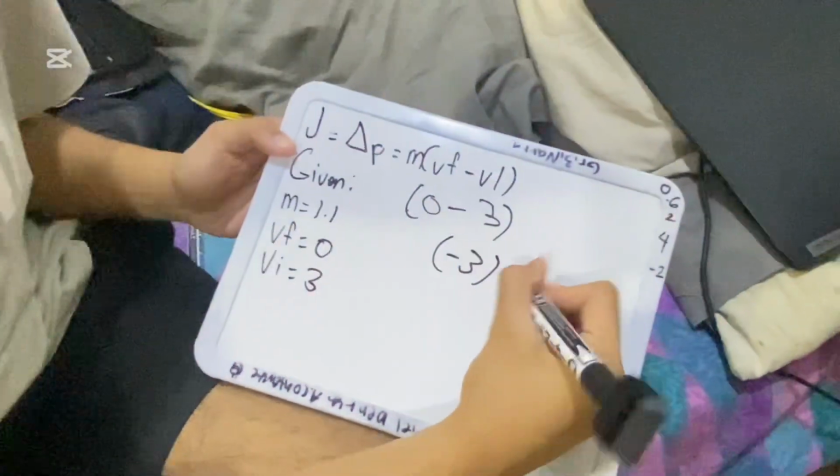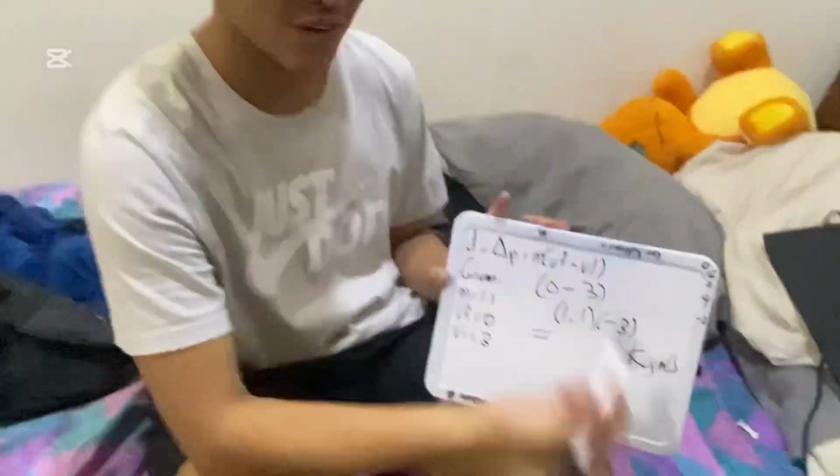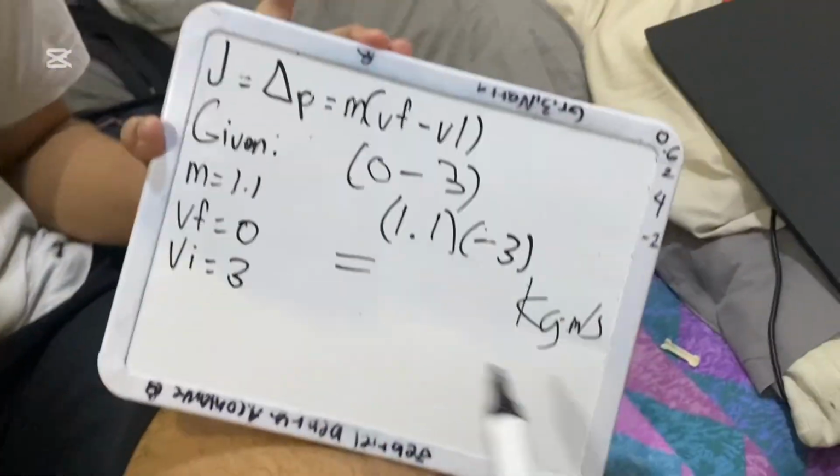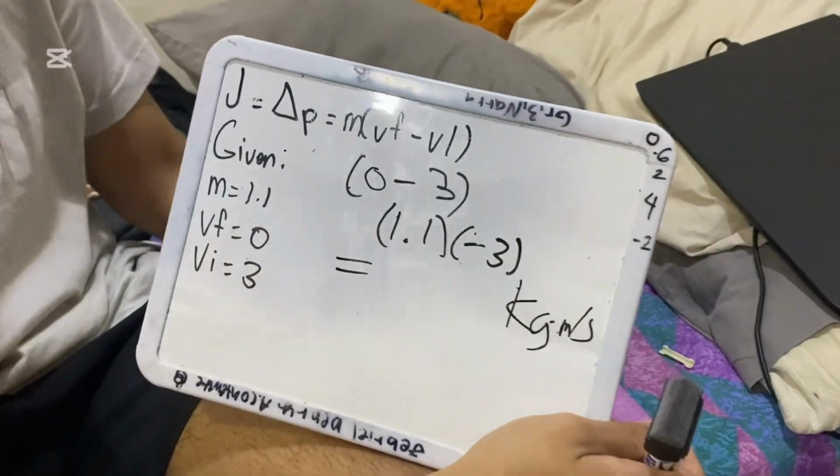Now you remember our mass, 1.1. We're going to multiply that by 1.1. So 1.1 times negative 3. Check at the calculator.